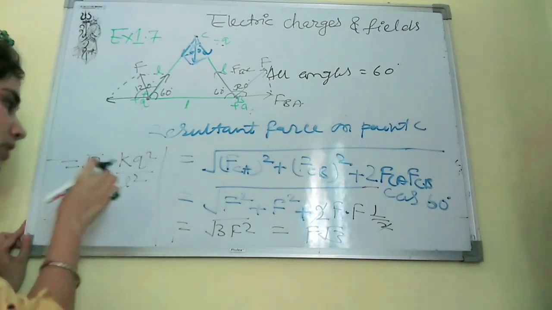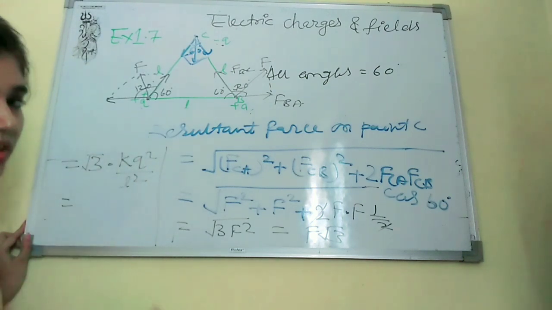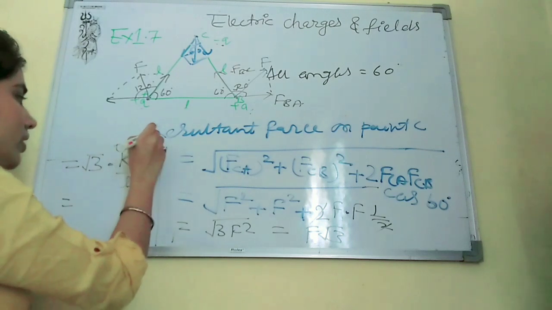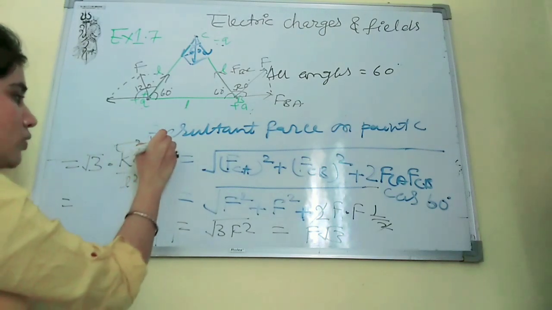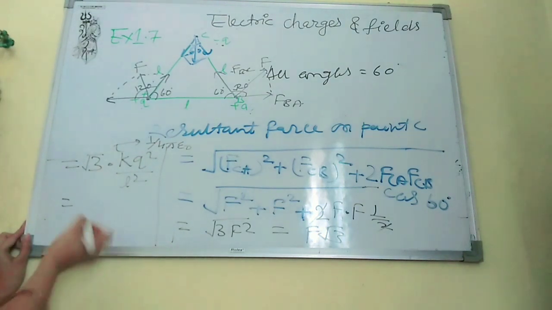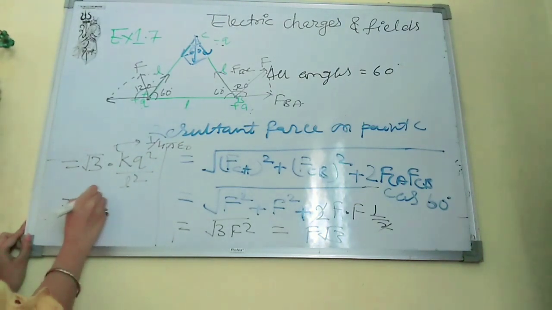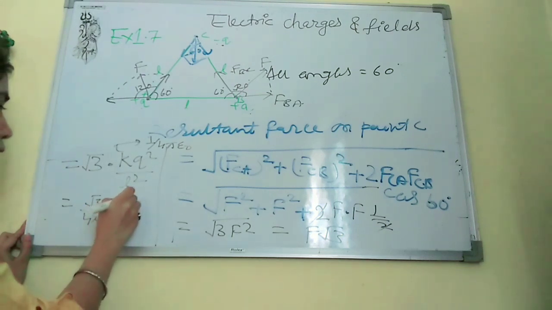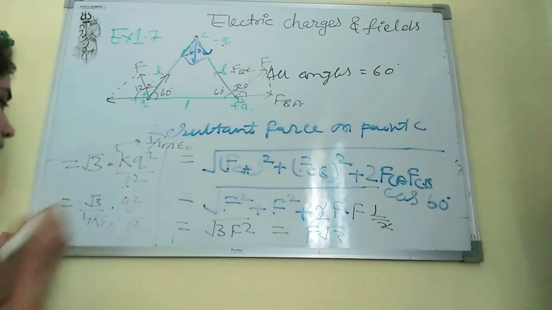In the place of K, you can also write 1 by 4 pi epsilon naught, because the expression of K is simply 1 by 4 pi epsilon naught. Okay, so this will be root 3 upon 4 pi epsilon naught into Q square by L square.